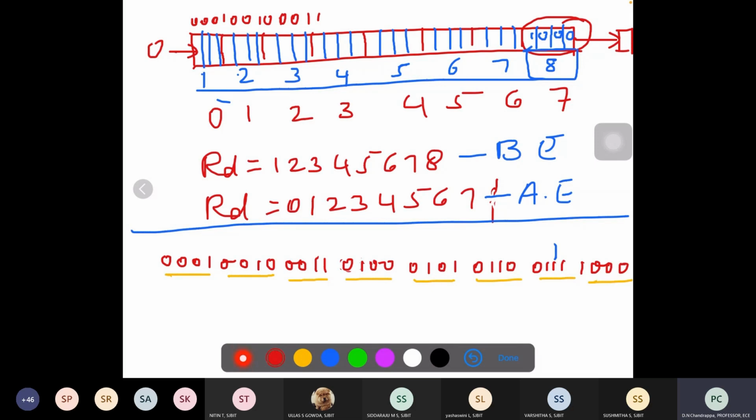This is what we are considered. Better you group it. This is 4 and this is 4 bits. This is 4 bit. This is 4 bit, like this. Now I hope that clear. This is indicate 1. This is 2 3 4 5 6 7 8.